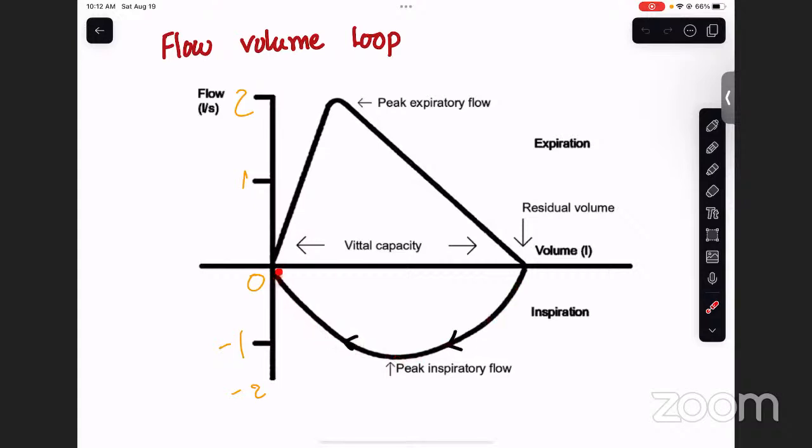And then it leads to the expiratory phase. The expiratory phase is a passive process, and there is no more effort for expiration, so the curve will be like this. Here you can see the inspiratory curve, and here is the expiratory curve.